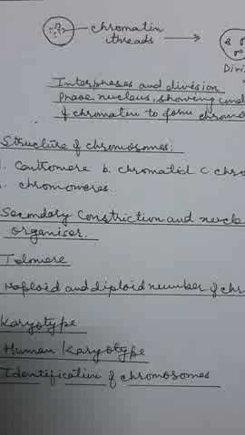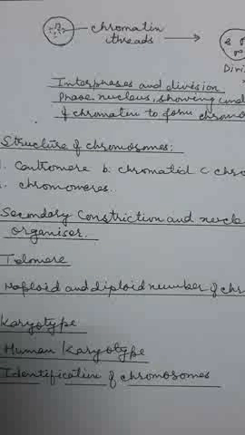Secondary constriction and nuclear organizer. Some chromosomes may have one more constriction other than the centromere. This is called secondary constriction. It contains genes for the formation of nucleolus and rRNA. Hence, it is also called nuclear organizer.